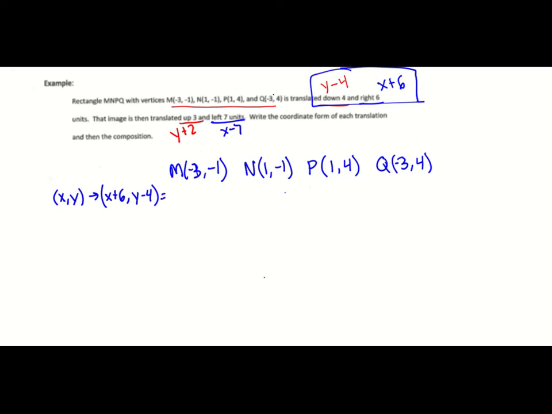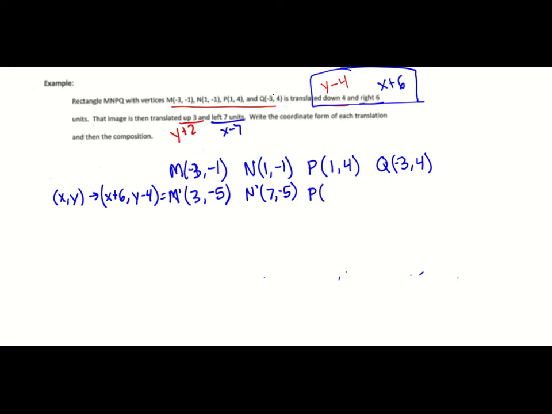When I do that, I'm going to get my M prime. Negative 3 plus 6 is 3. Negative 1 minus 4 is negative 5. N prime. 1 plus 6 is 7. Negative 1 minus 4, negative 5.